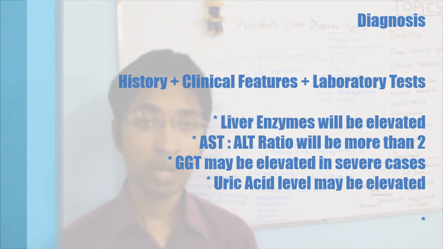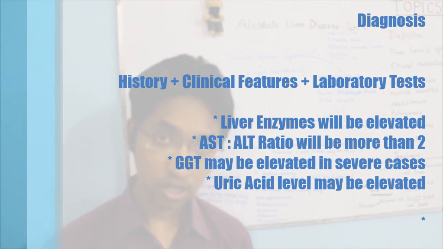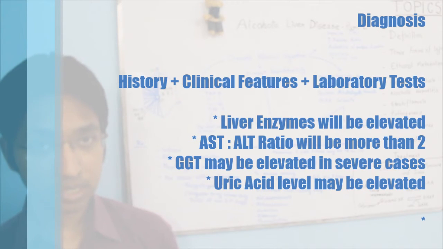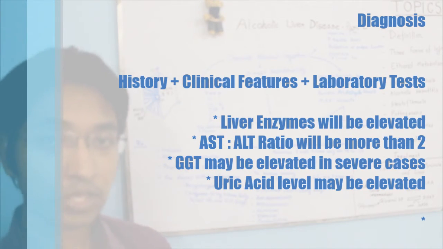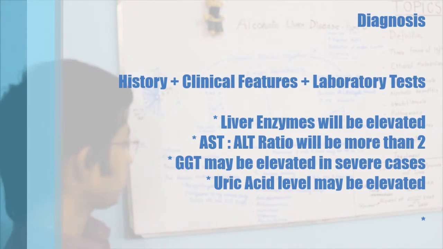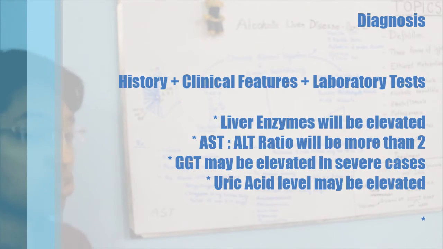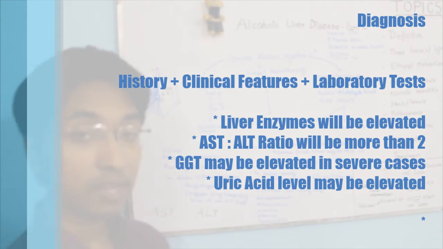Moving on to the laboratory findings, the liver function tests are very important. Almost all the liver enzymes will be elevated, and particularly the amount of aspartate aminotransferase, which I can write as AST, and the amount of alanine aminotransferase, which is written as ALT, will be elevated.